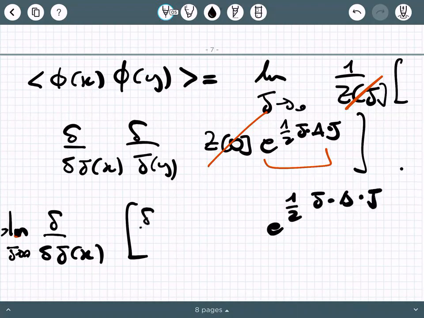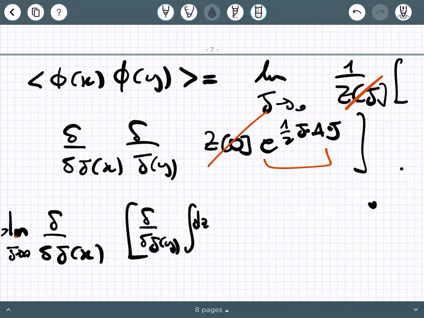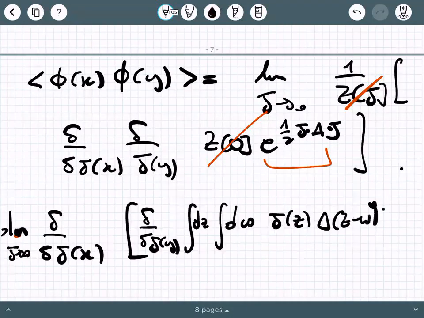That is going to be the derivative with respect to j of y of the integral dz, integral dw, j of z, delta of z minus w, j of w, and then of course I have e to the 1/2 j W j.